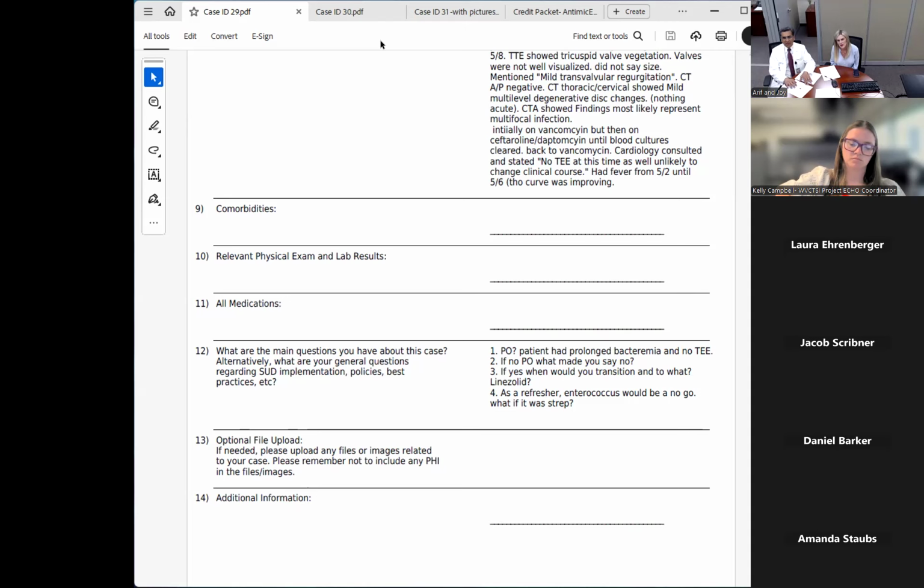But when you're dealing with biofilms and vegetations, the ampicillin that was cidal for the urine is no longer a cidal antibiotic, and you need a second antibiotic. So that literature on the combination of beta-lactam plus aminoglycoside for Enterococcus is pretty robust. It's the combination that is cidal.